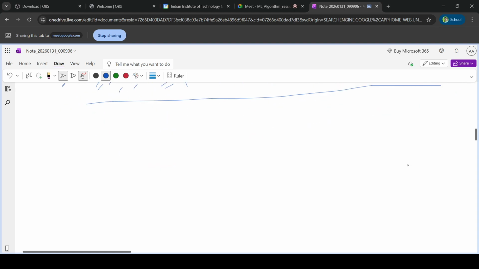So, okay, as I have mentioned, what we are doing here is xi minus xi transpose w, this is the point into w, and this is the square, and you are just doing the summation of that.